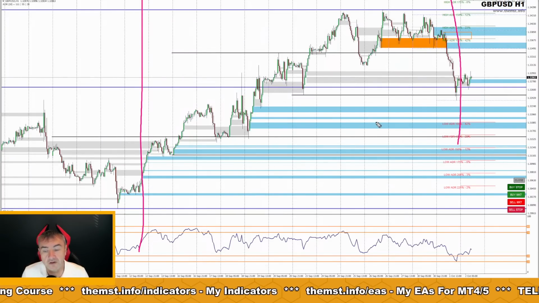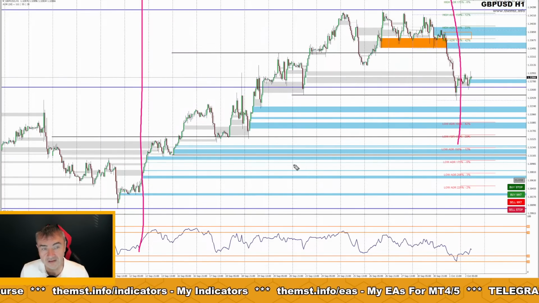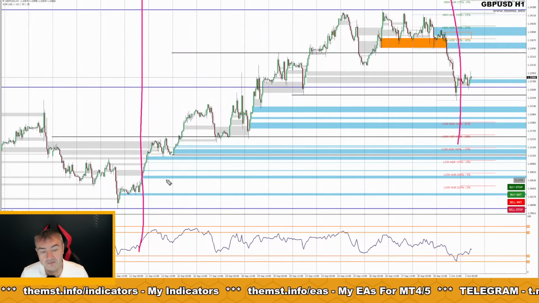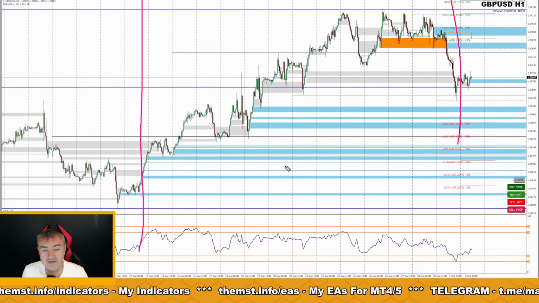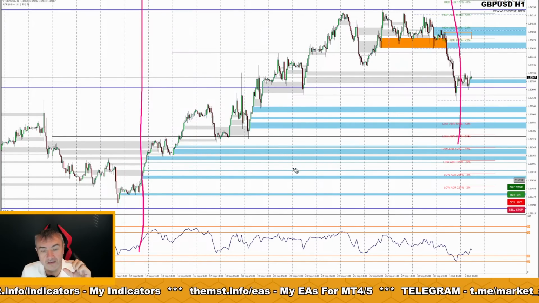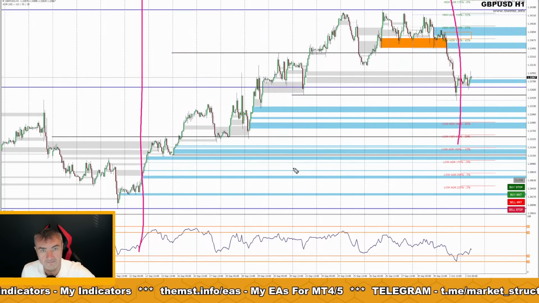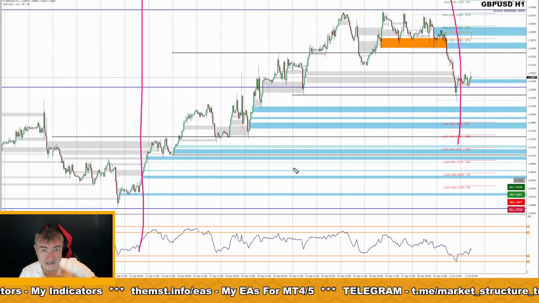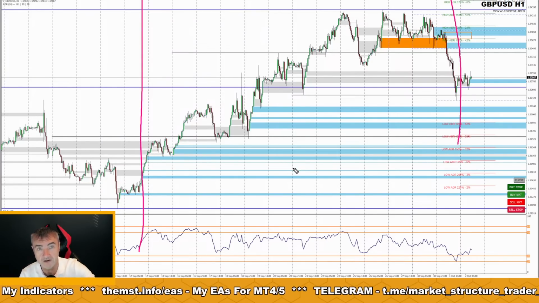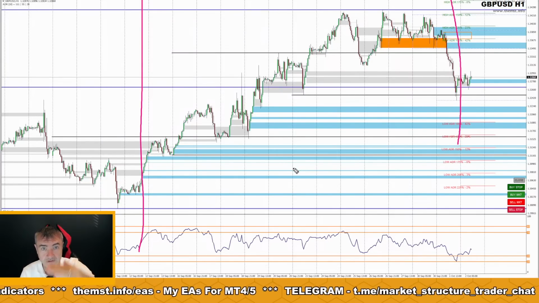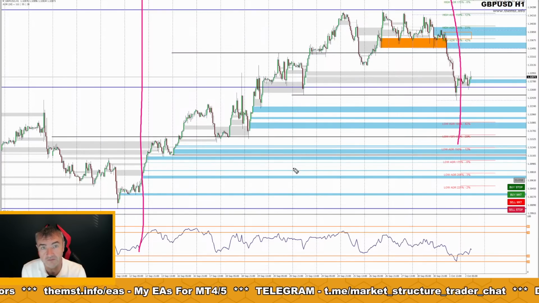So what robustness testing does is make sure that the strategy works with variations, or rather stress tests, if you like, within variations of strategy parameters. So things like TPs, stop losses.